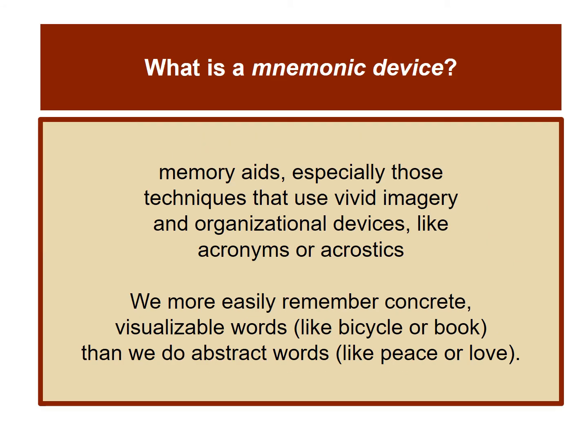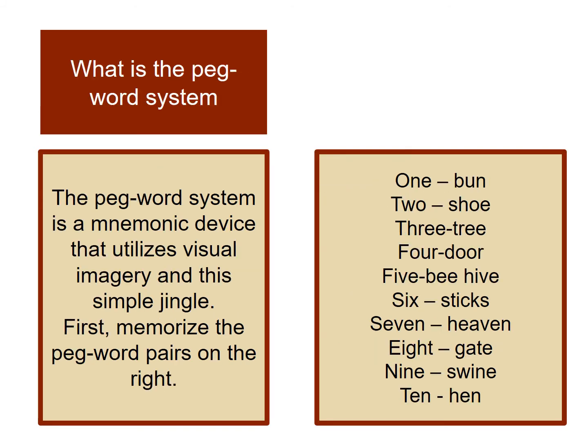What's a mnemonic device? Memory aids, especially those techniques that use vivid imagery and organizational devices like acronyms or acrostics. We more easily remember concrete visualizable words like bicycle or book than we do abstract words like peace or love. Paper towels, 3 tree.